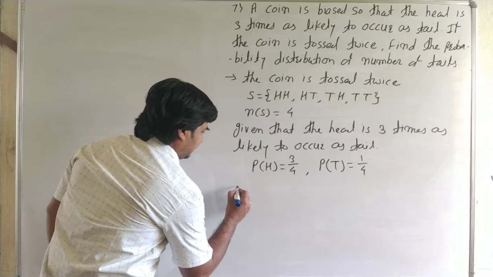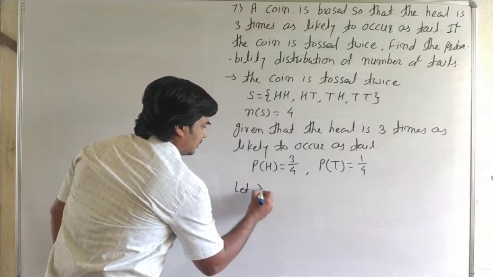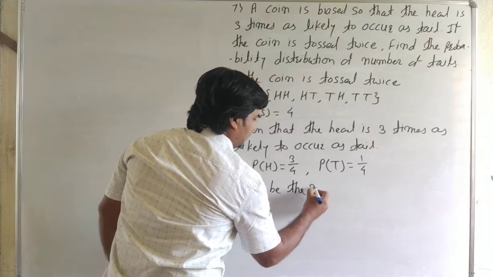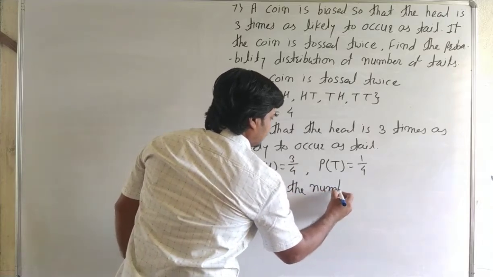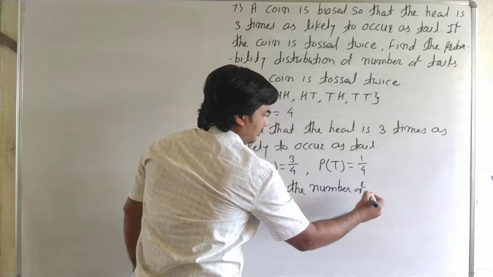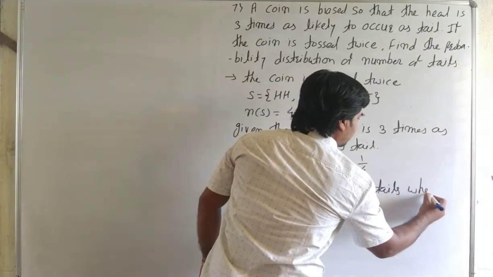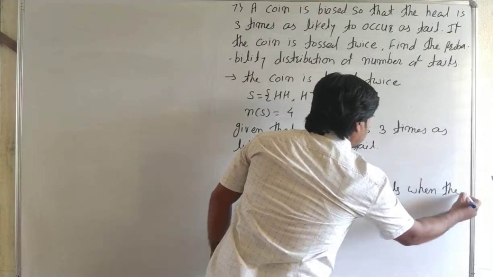Therefore, let X be the number of tails when the coin is tossed twice.